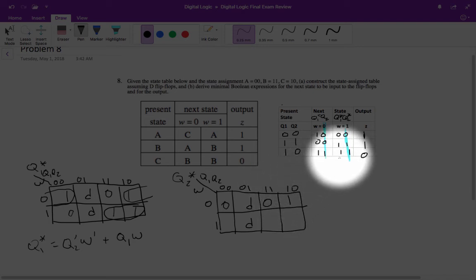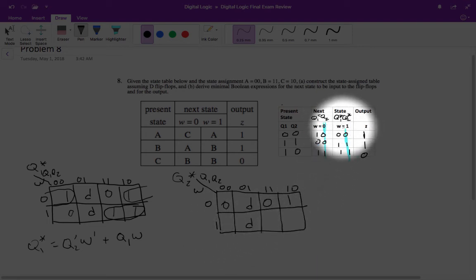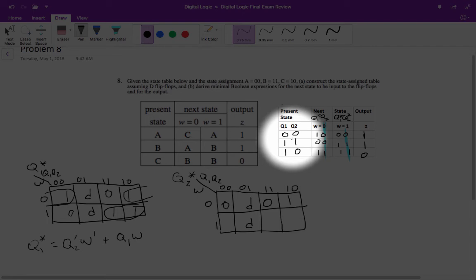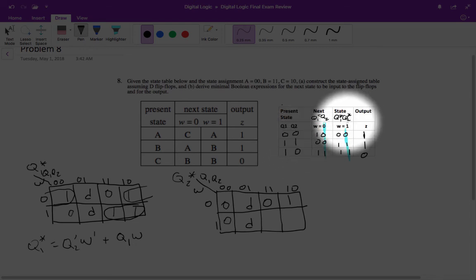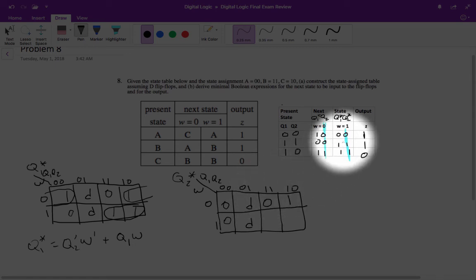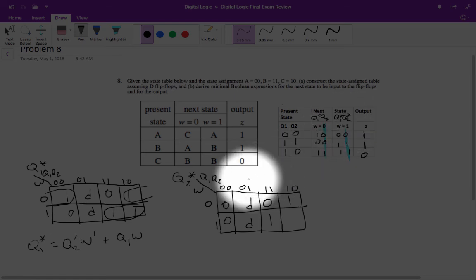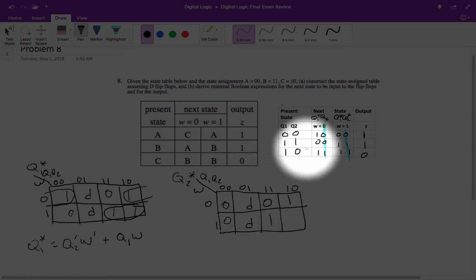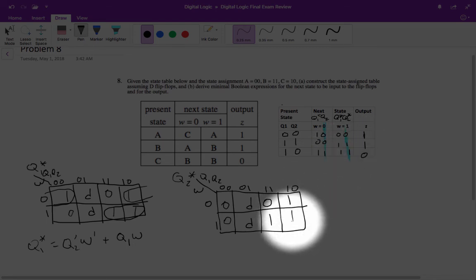Now we'll go to W equals 1. So when W equals 1 and Q1 Q2 equals 0 0, then Q2 star equals 0. When W equals 1 and Q1 Q2 equals 1 1, then Q2 star equals 1. And when W equals 1 and Q1 Q2 equals 1 0, then Q2 star equals 1. So now we'll get a cover for this.